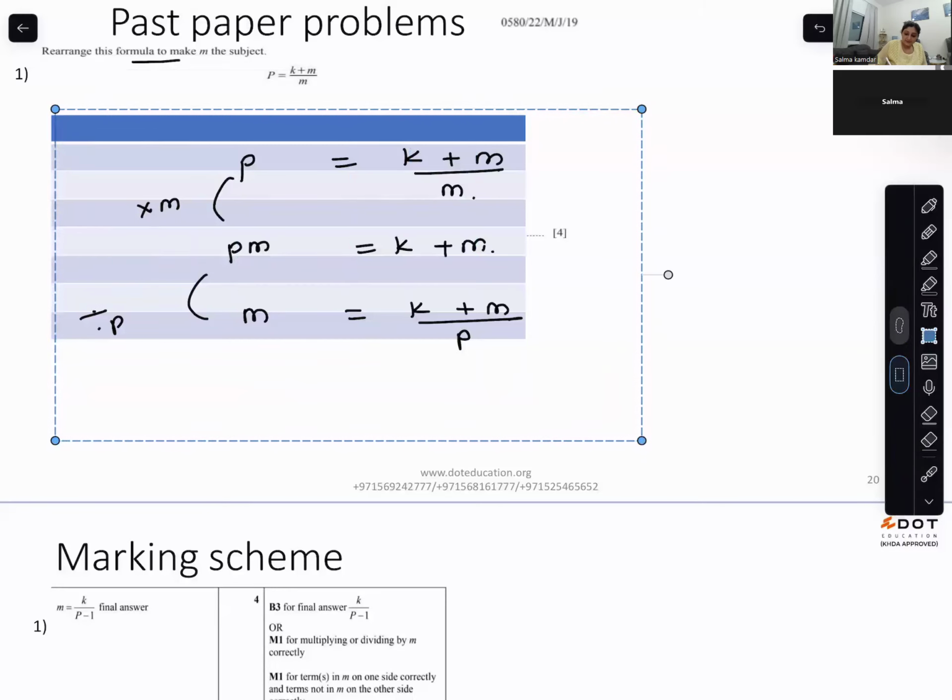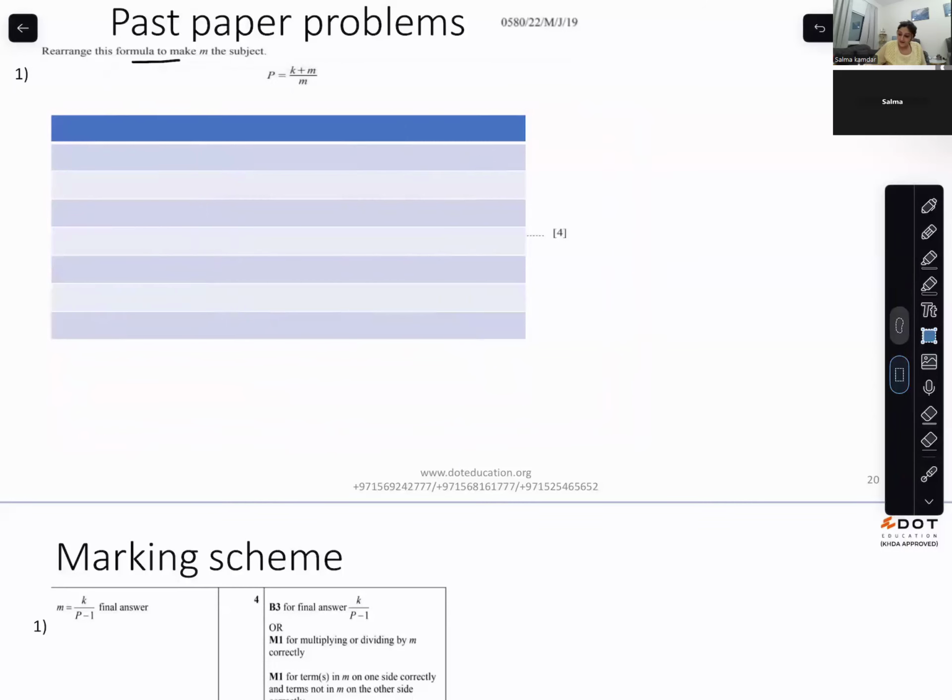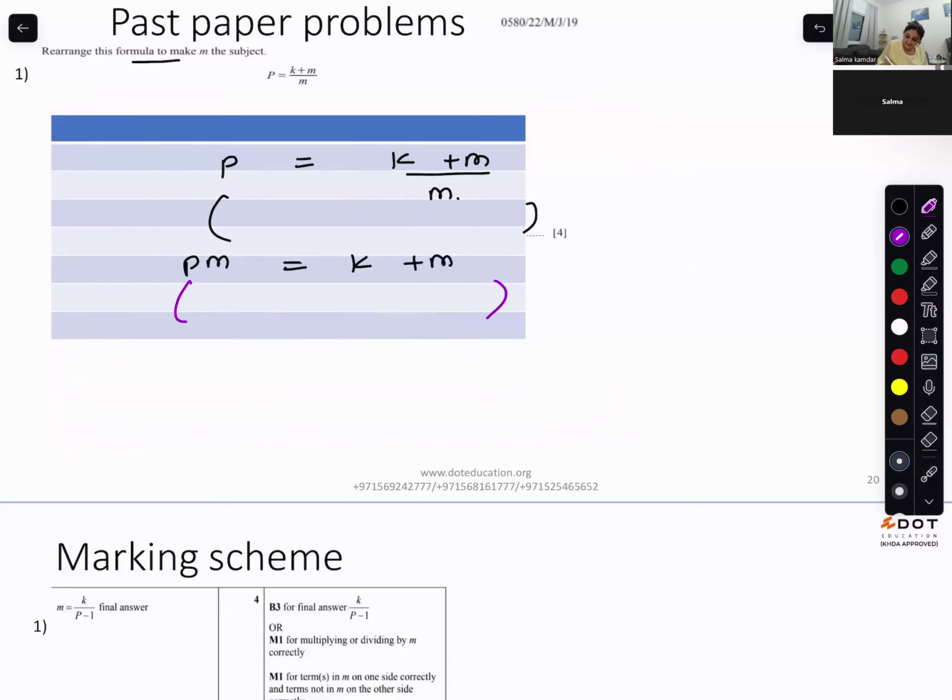So what I will do when there are sums like this, you can factorize. The question is P is equal to K plus M over M. First I multiply by M, that is correct. So it would become Pm is equal to K plus M. Now I will get all the M's together.